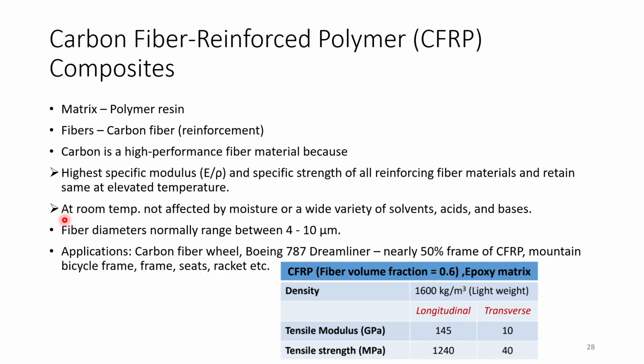And fiber diameters normally range between 4 to 10 micrometer, and applications are in carbon fiber wheels, the Boeing 787 Dreamliner, which is nearly 50% CFRP frame, and mountain bicycle frames, seats, rackets, etc. They also use this composite.